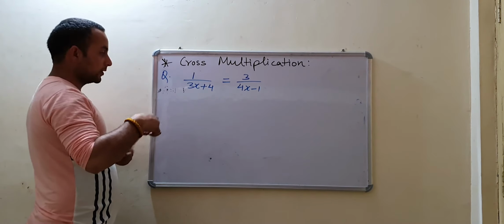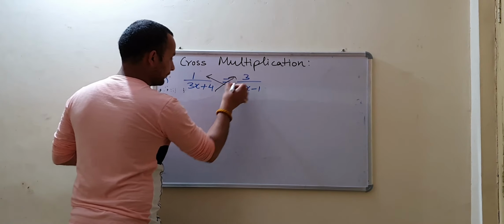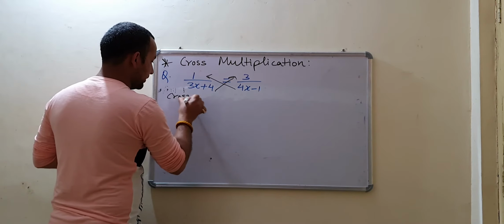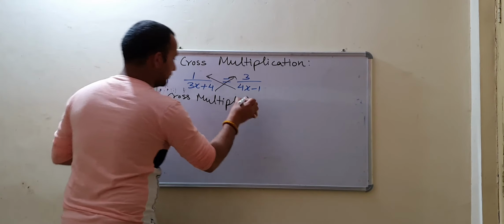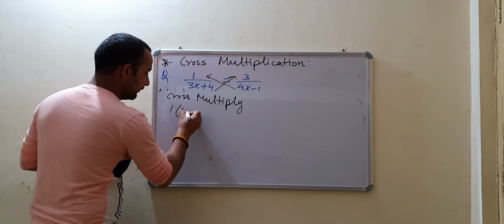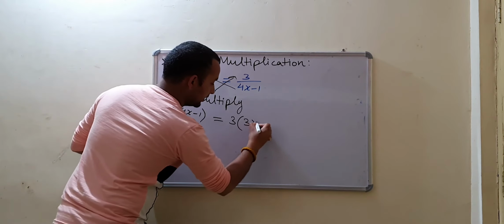Again with the help of cross multiplication. So cross multiply. 1 will multiply with (4x - 1) equals 3 will multiply with (3x + 4).